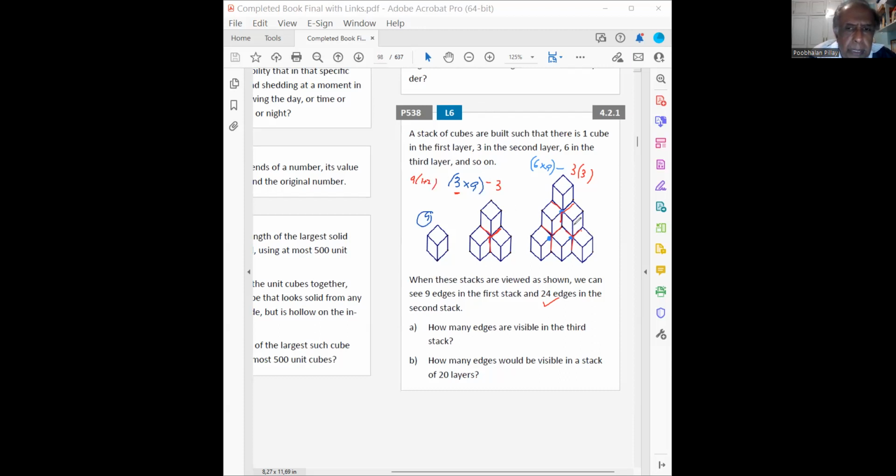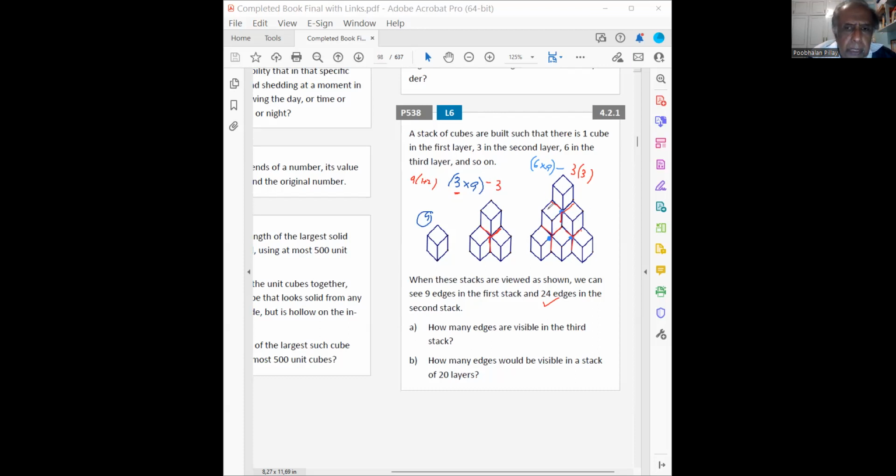Right? And here, where did the 6 come from? It's 1 plus 2 plus 3. So here this is 9 into 1 plus 2 minus 3, because there's only one intersection point here. But here, you've got 3 intersection points.